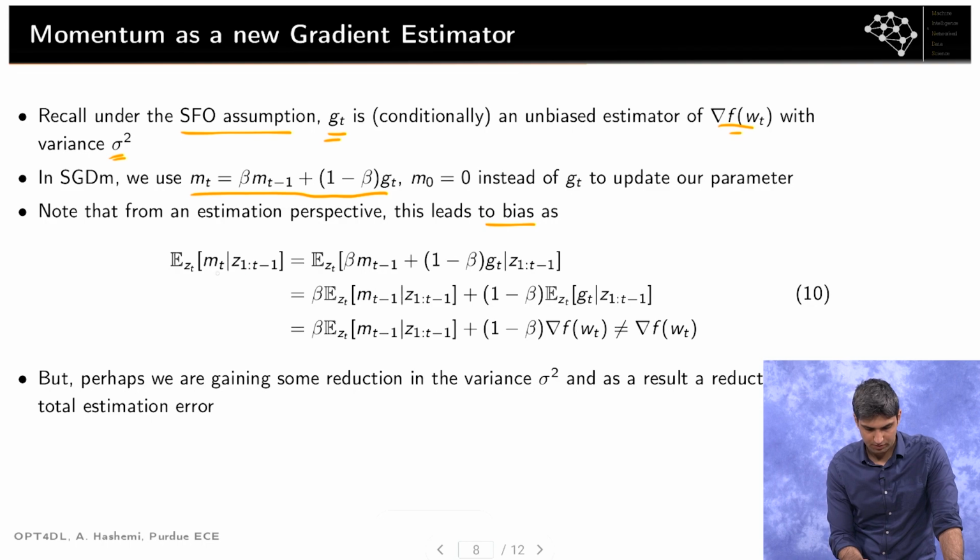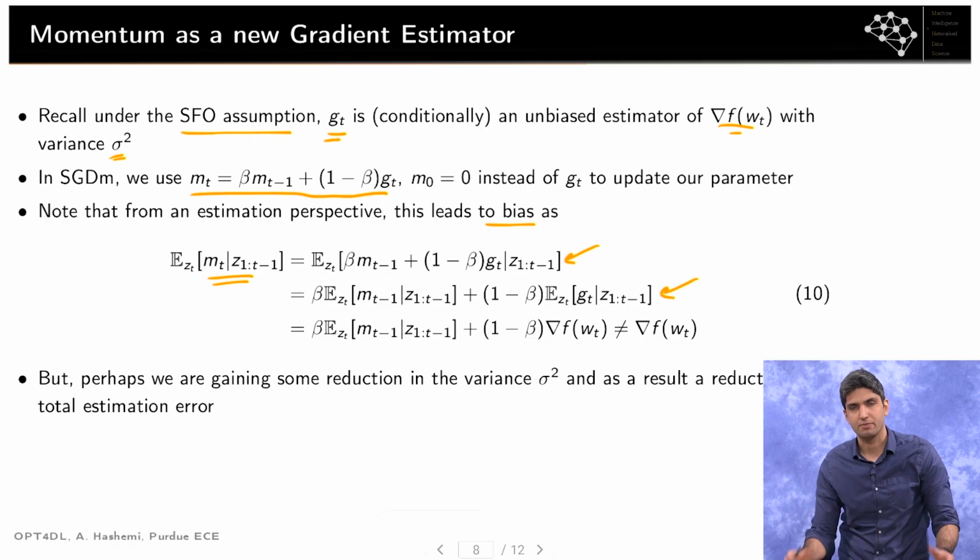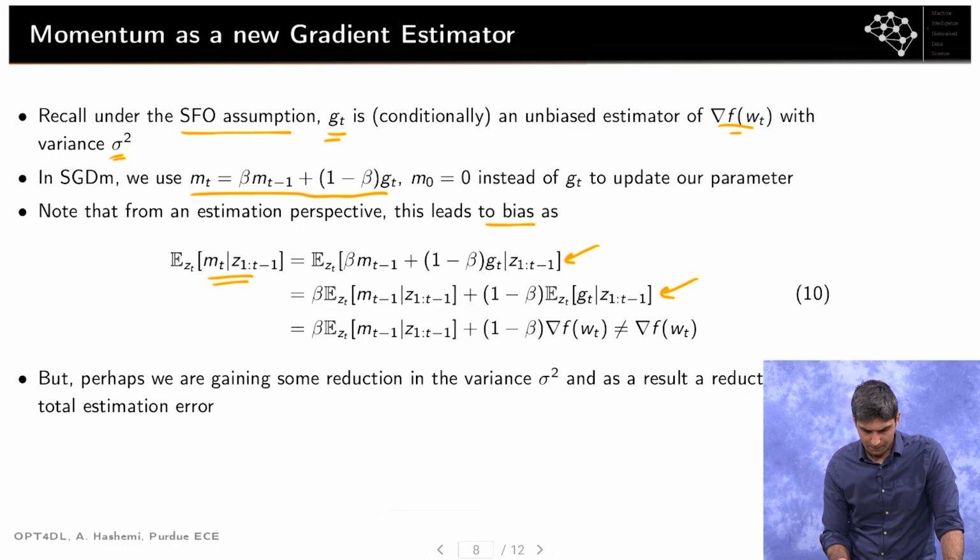So this is our estimator at time t. It's updated using this equation. I'm just taking conditional expectations by fixing the previous selection of mini batches. Using the linearity of expectations, we can break this expectation into two parts and bring out the constants. This part is easy to deal with because we assume we have access to an unbiased oracle.